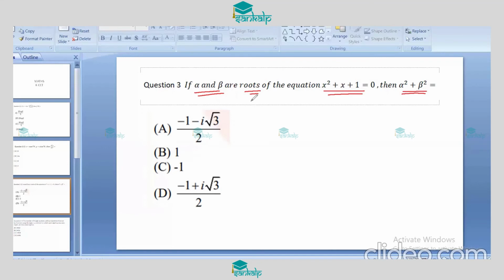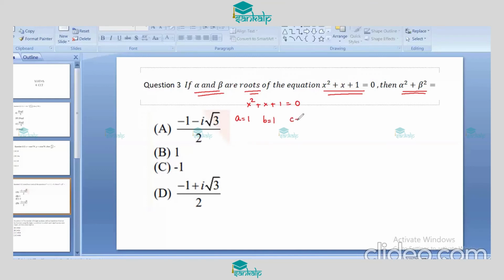So I will take the quadratic equation x square plus x plus 1 equal to 0. In this quadratic equation, a, the coefficient of x square, is 1. b, the coefficient of x, is 1.